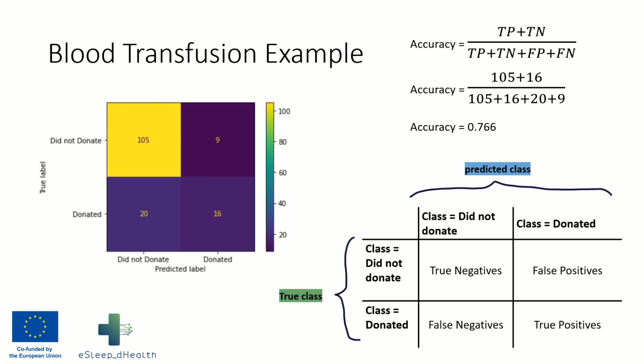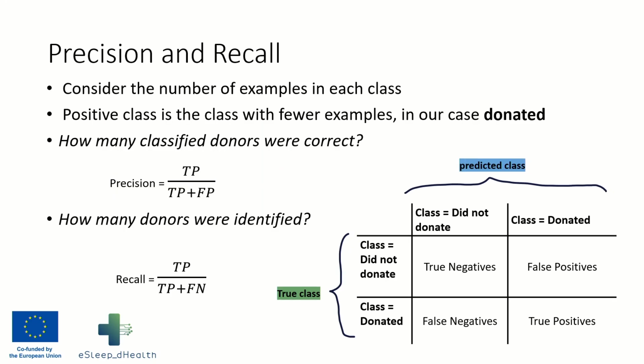And yeah, let's move on to the next evaluation metric, and those are twofold. They belong together, precision and recall, and they consider the number of examples in each class. So these are very useful for imbalanced data sets. Like in our case, our positive class is the one with fewer examples, in our case donated.